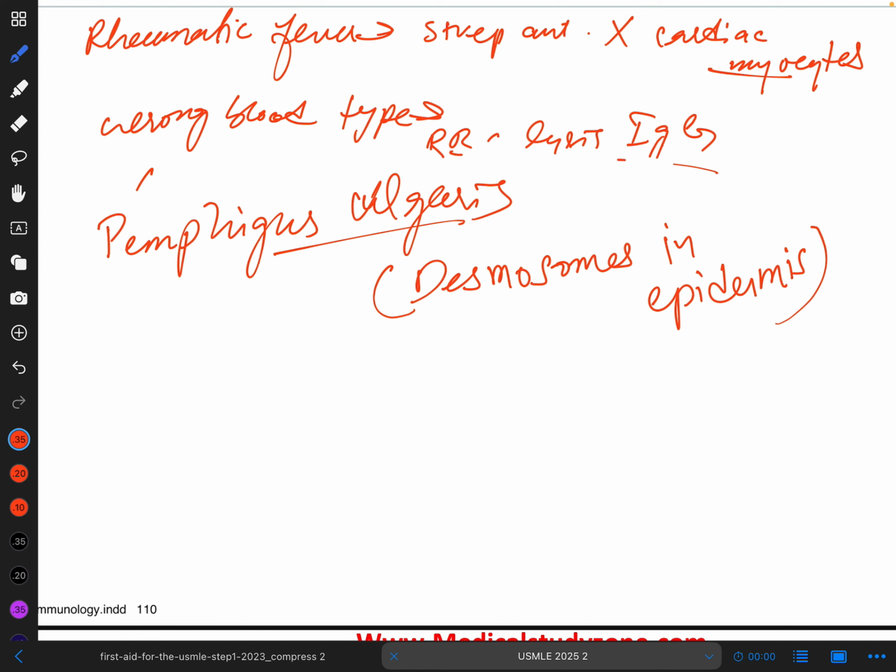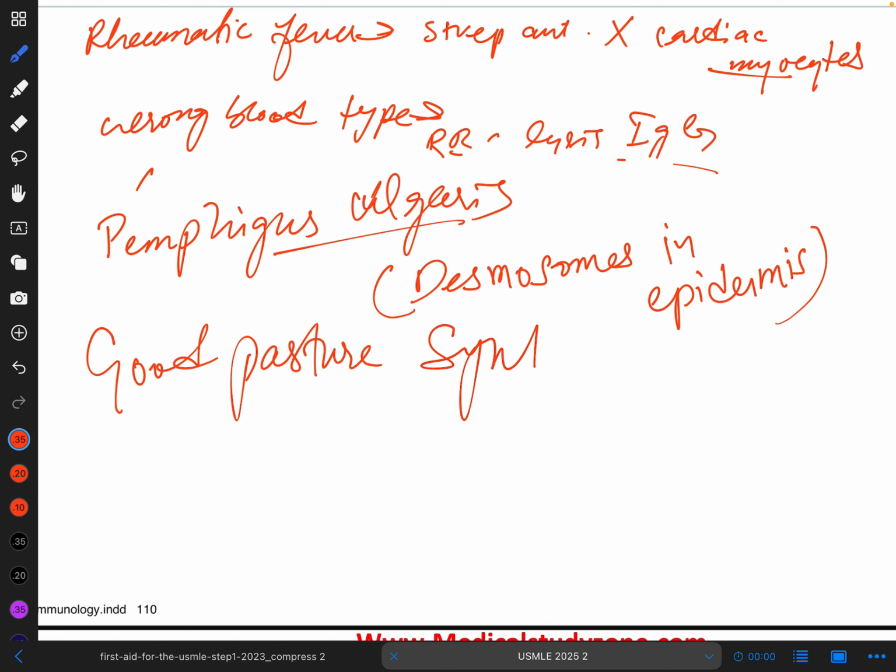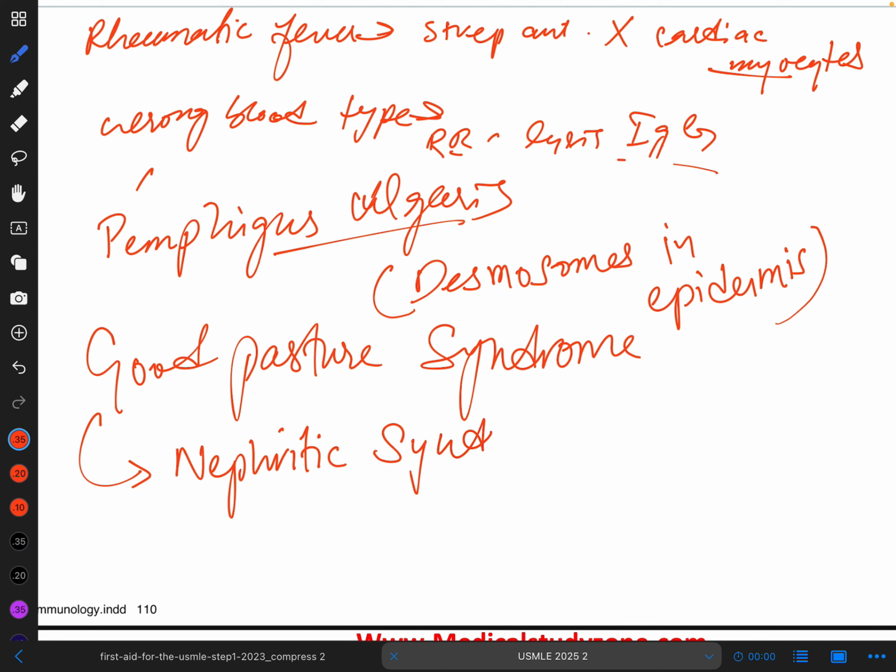And second, we have the example of Goodpasture syndrome.